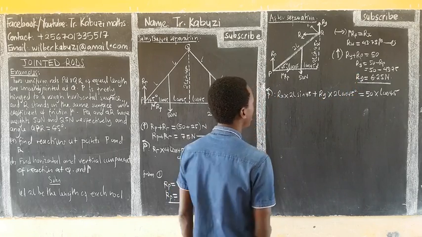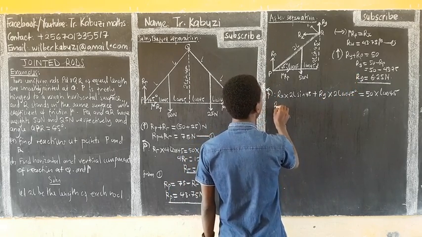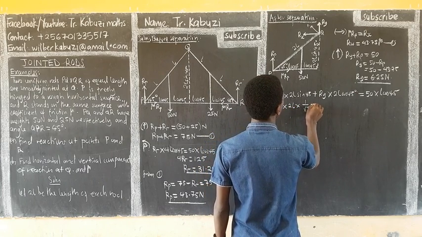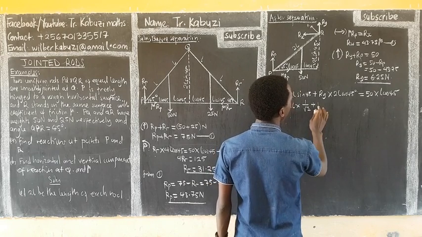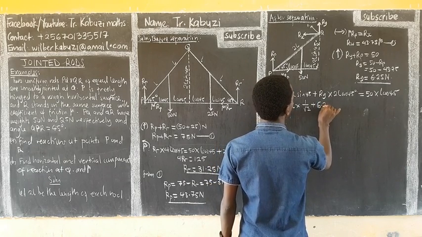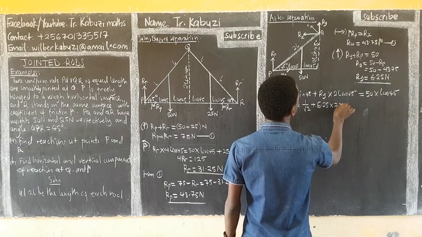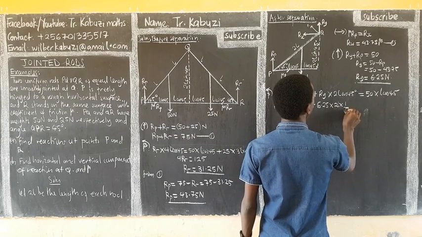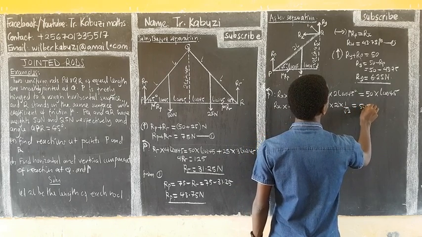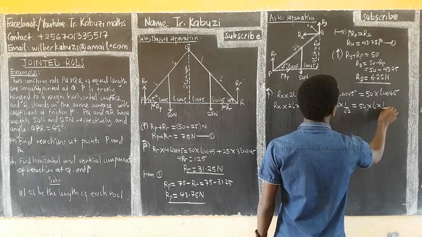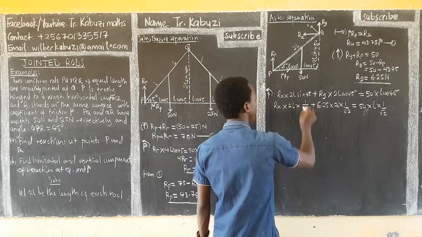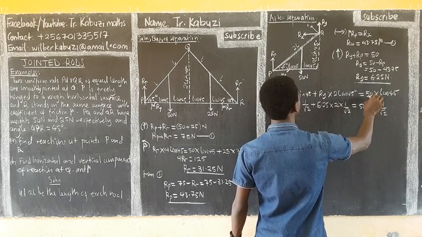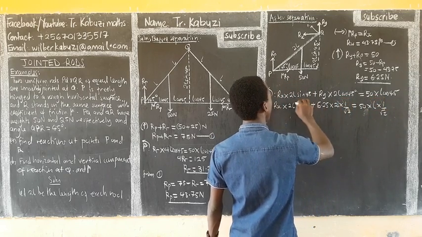So Rx times 2L times 1 over root 2 plus Ry, our Ry is known as 6.25, times 2 times 2L times 1 over root 2, equaling 50 times L times 1 over root 2. So that root 2 is common, divide through by root 2. L is common, yes, L goes.